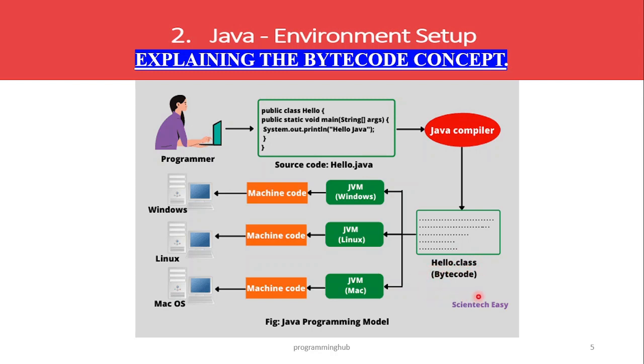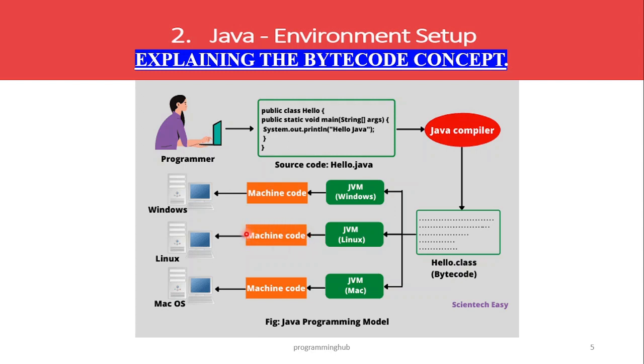This Java bytecode is independent of the individual machines. But if you want it to run on a specific machine, you pass it to the JVM of that machine. Let's say, for instance, that of Linux: the Java virtual machine designed for Linux. Then this JVM converts it into its equivalent machine code.